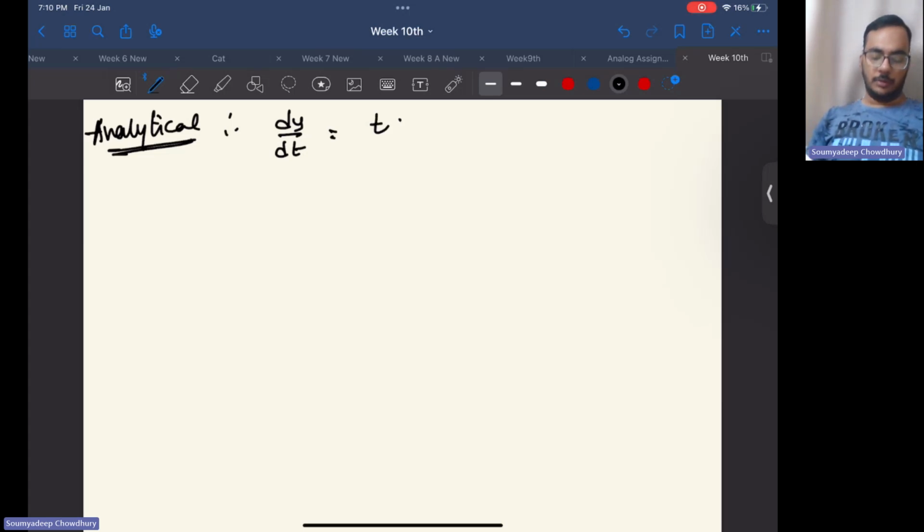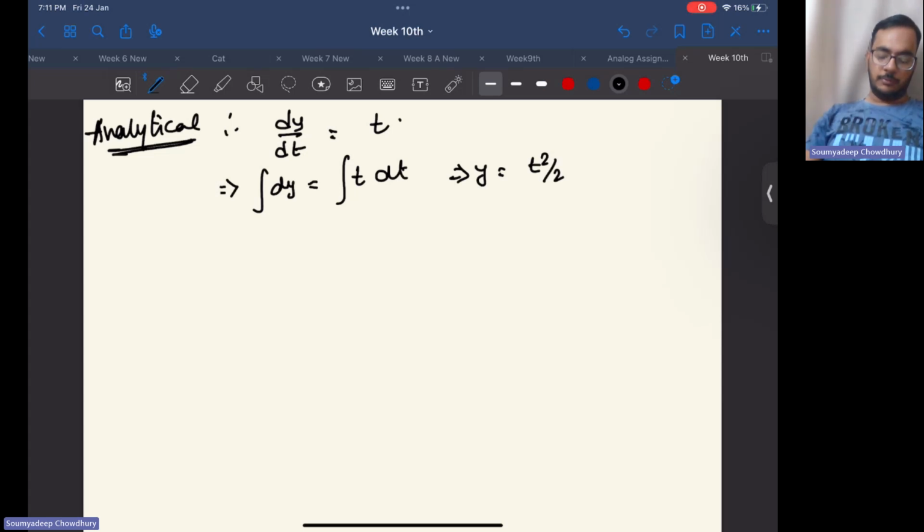We have to find the solution. So what we get is dy equals t dt. Then we integrate both sides, and we get y equals t square by 2 plus a constant. So this is my solution to the differential equation. Now if I ask you the value of y at any particular value of t, we can substitute and get it. So we get a closed form expression for y in terms of t.